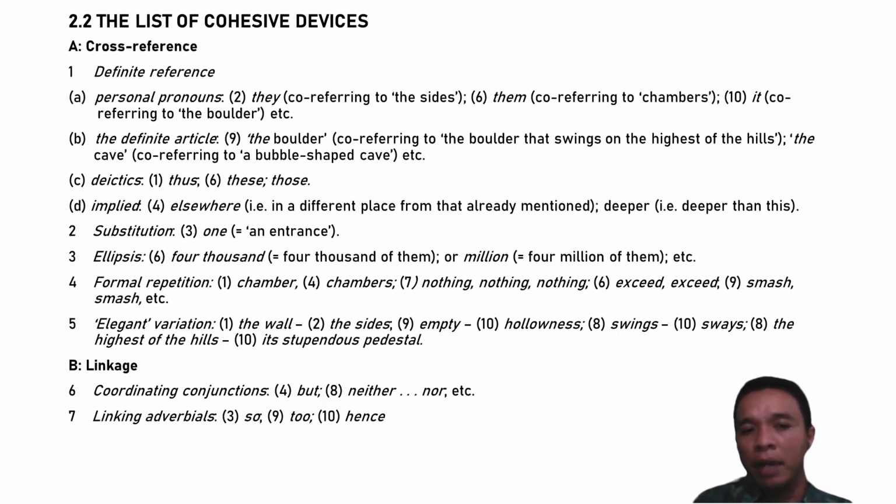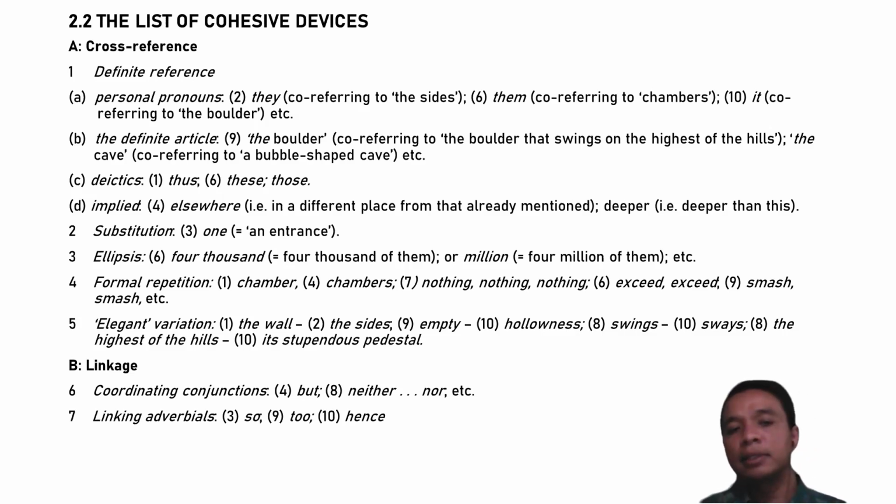A, personal pronouns, for example, they co-referring to the sites, them co-referring to chambers, it co-referring to the boulder, etc. B, the definite article, the boulder co-referring to the boulder that swings on the summit of the highest of the hills, the cave co-referring to a bubble-shaped cave, etc.